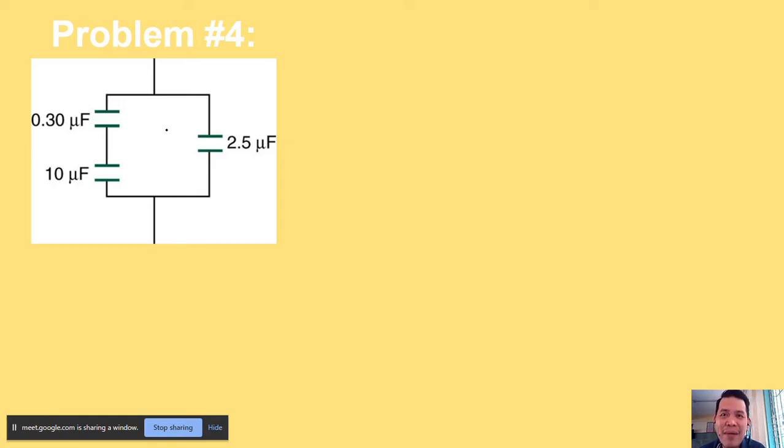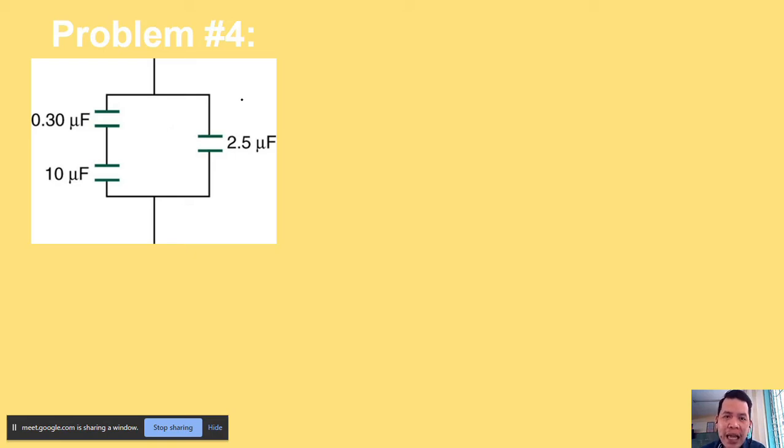Same is true for 10 microfarad, nakagapos na po siya kay 0.30 microfarad. Bakit po? Kasi the 10 microfarad is the closest po na capacitor kay 0.30 microfarad. At si 10 microfarad ay makakapagbigay lamang po ng tunay na pagmamahal at ang loyal na pagmamahal kay 0.30 microfarad.